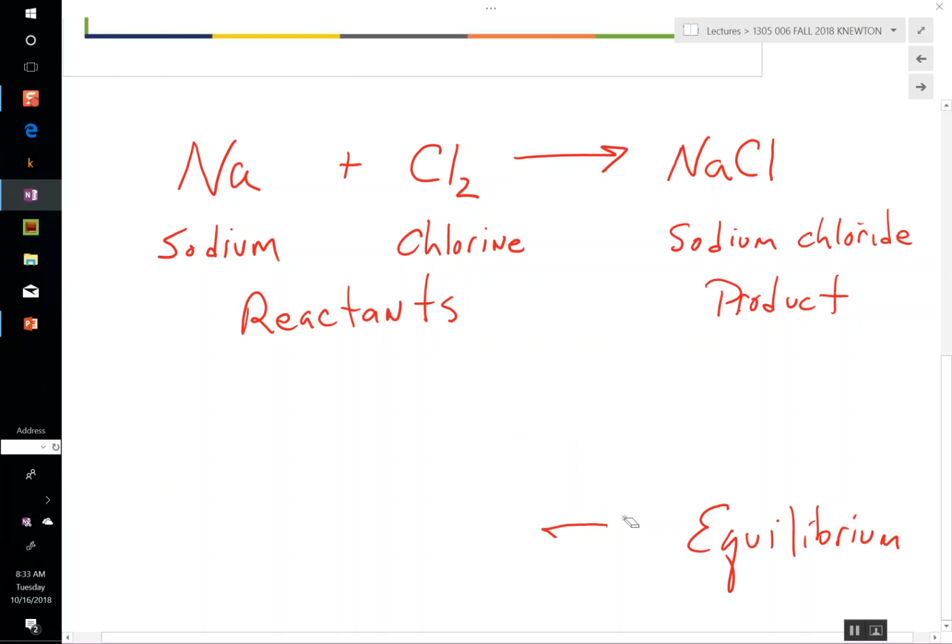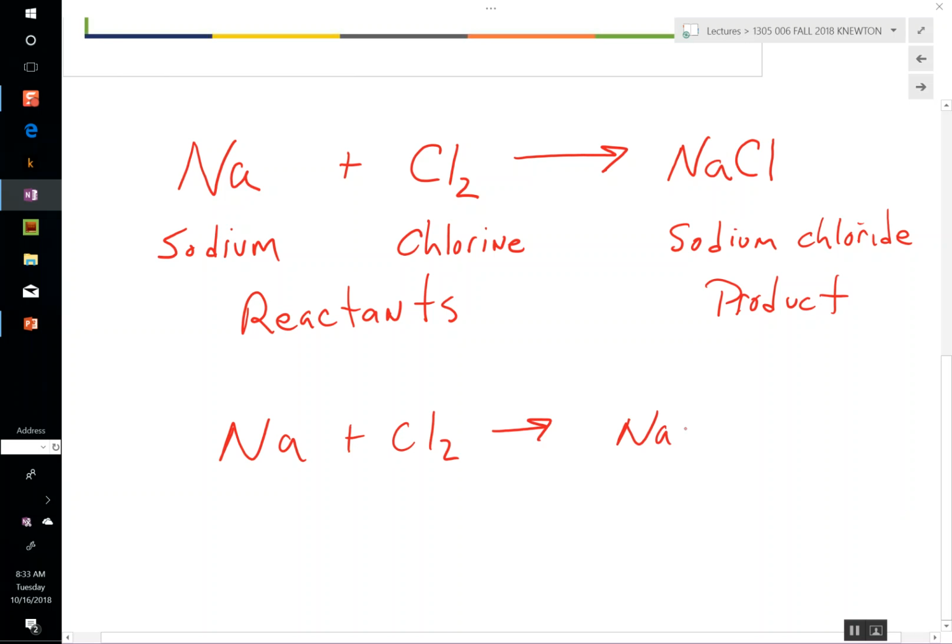Okay, that points up one other thing. You know, I don't like to gloss over any of the obvious. Okay, it is not this. It's tempting to write that. I got 2 chlorines on the left. Why doesn't it just produce NaCl2?